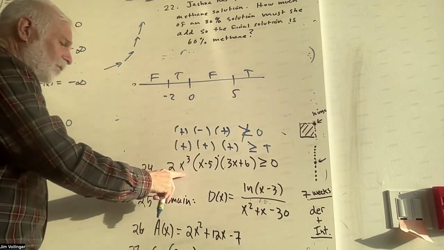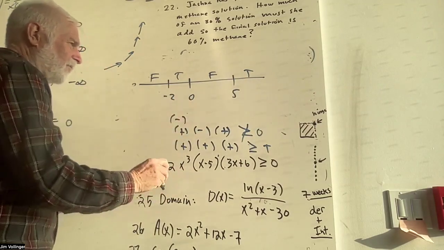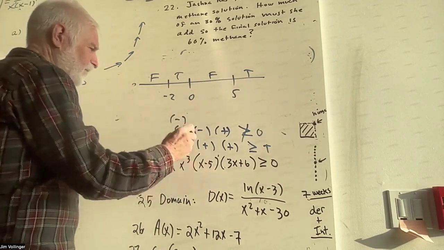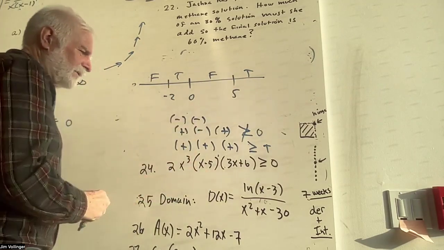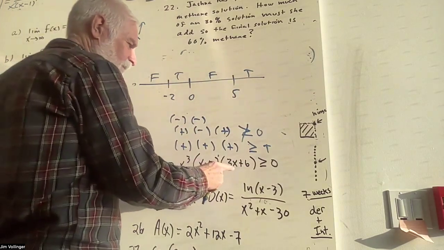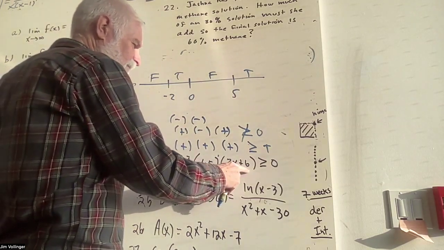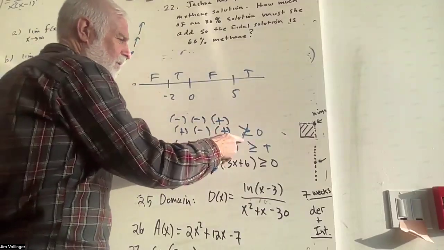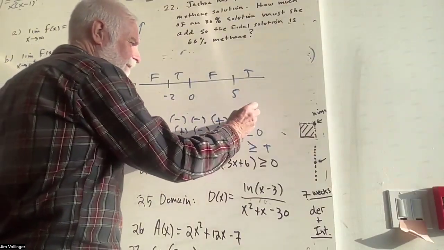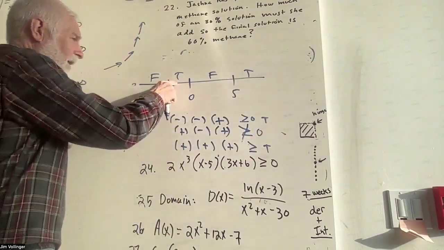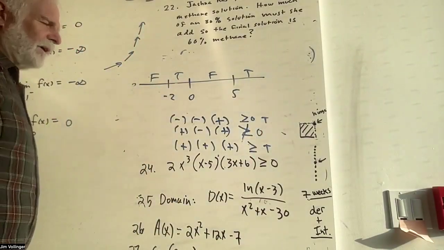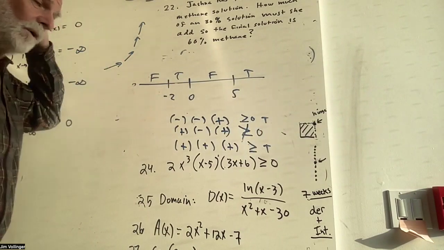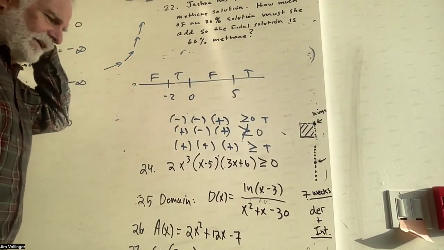Oh, -1 cubed times 2, that is a sign change. -1 minus 5, didn't change that one. That's still the same. -1, 3, -3 plus 6, still positive. I get another sign change. So what used to be not true is now true again. True. Oh, yeah. And if you pick a number, and I'll let you do that, pick a number less than -2, you're going to see a sign change.